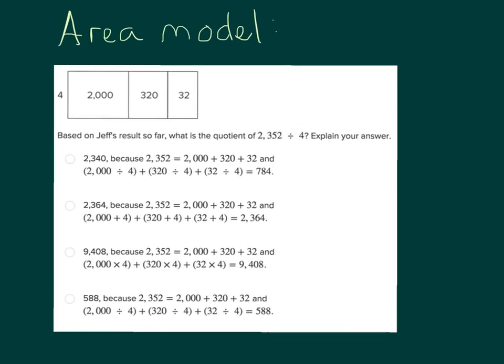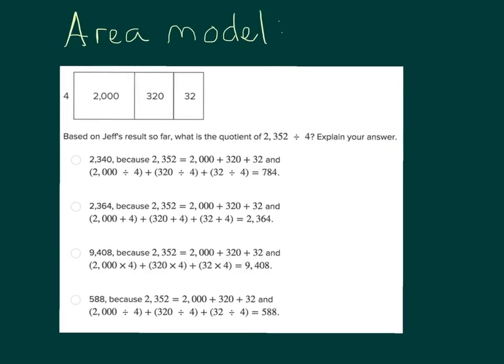You're going to get questions using this area model to show division. So, based on Jeff's results so far, what is the quotient of 2,352 divided by 4? So here's what Jeff did. He took 2,352 and split it into 3 different numbers that could be divided by 4.